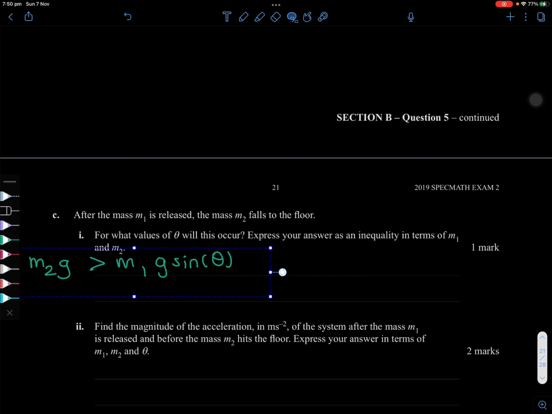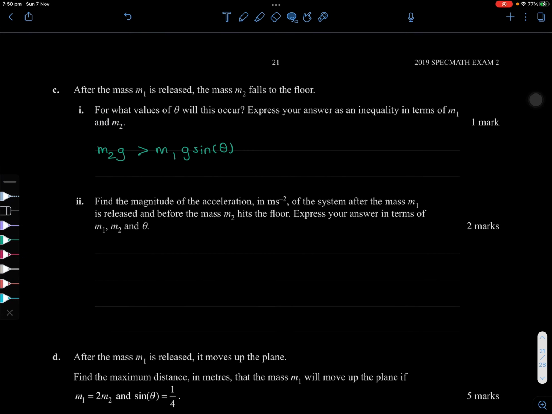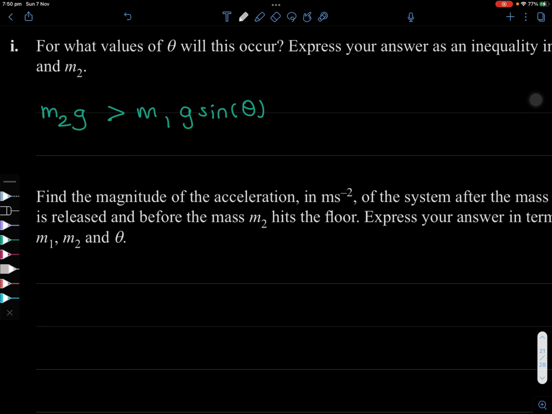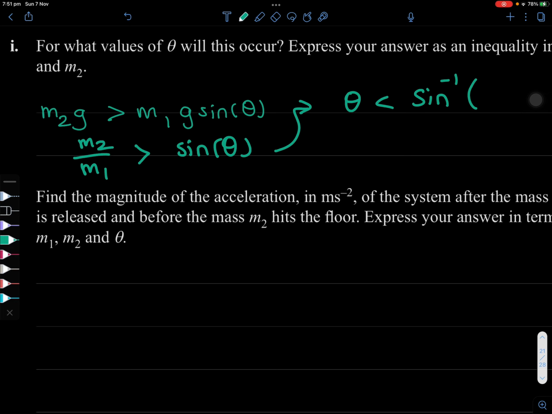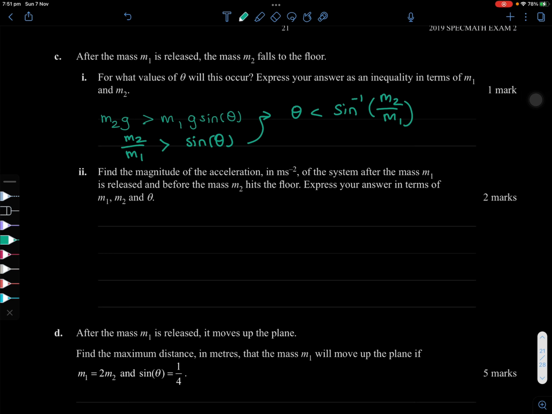So let's move this down here and solve for theta. Let's divide both sides by m1g. The g's cancel and we're left with m2 over m1 is greater than sine of theta. And taking the sine inverse of both sides gives us theta is less than sine inverse of m2 over m1, okay?